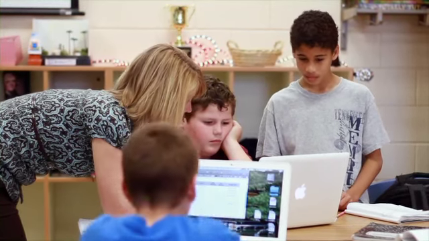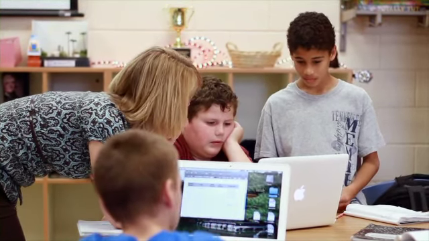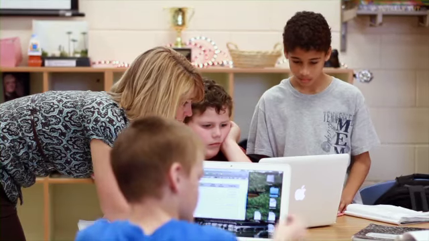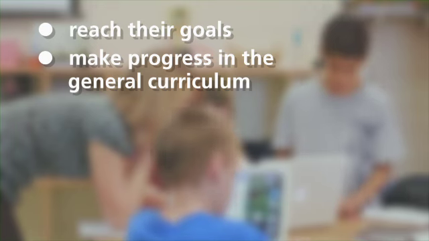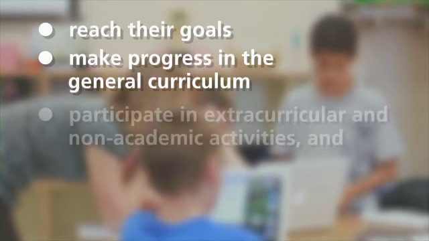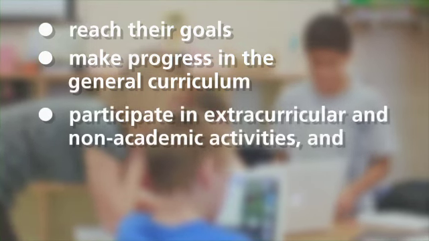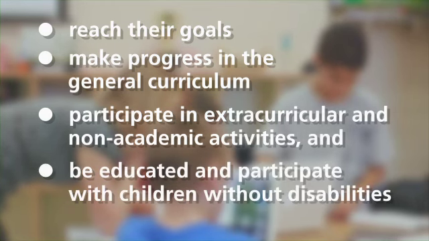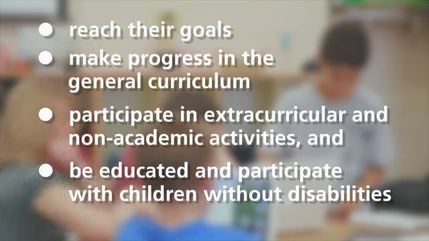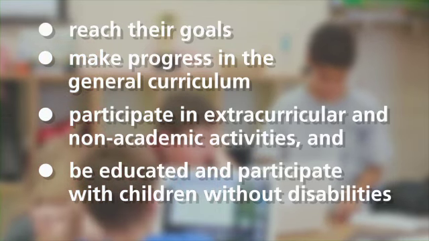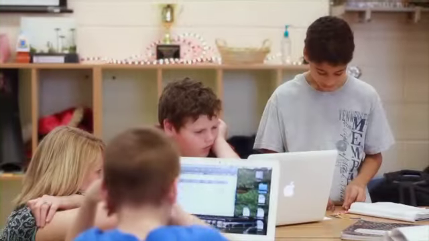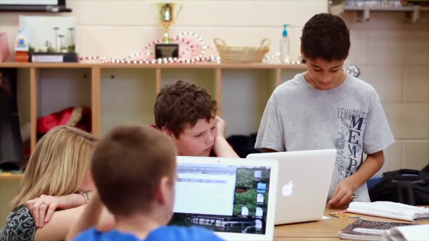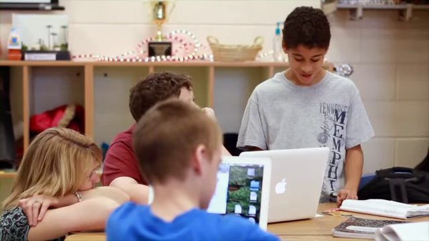The IEP will include goals for your child and the services and supports needed to help your child reach their goals, make progress in the general curriculum, participate in extracurricular and non-academic activities, and be educated and participate with children without disabilities to the maximum extent possible. Other important factors and timelines will also be addressed and included in the IEP.